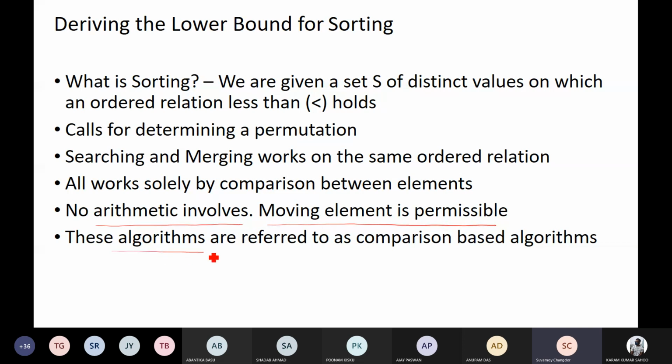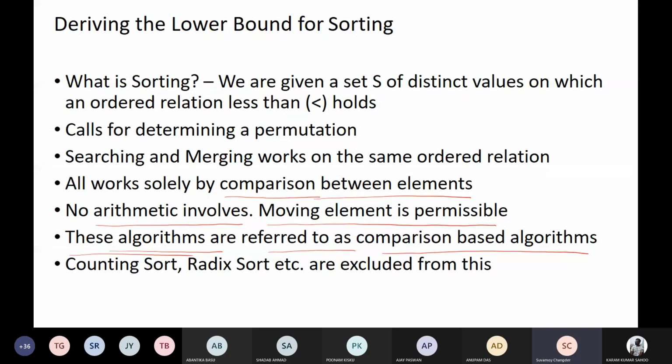These kinds of algorithms, where the whole algorithm is based only on comparison between the elements, are referred to as comparison based algorithms. So searching and sorting which depend on comparison are known as comparison based algorithms. Clear?